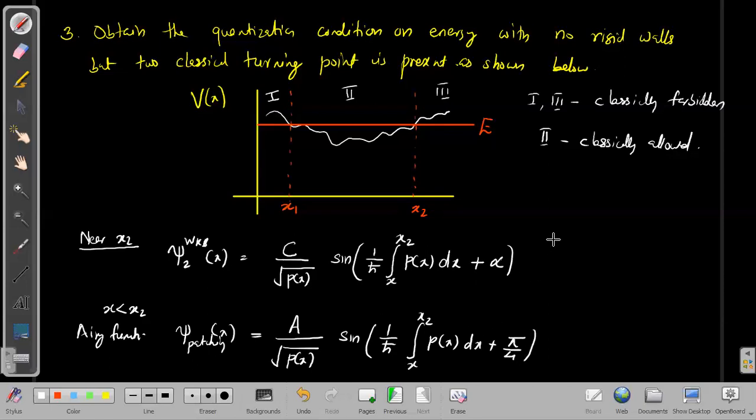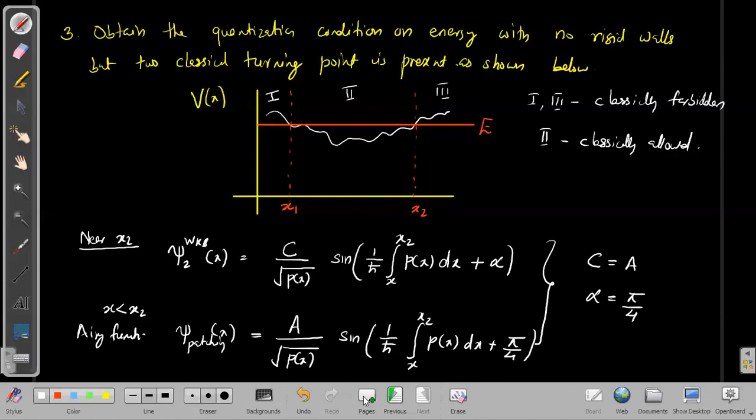Now by comparing these two, I can identify that C must be equal to A and alpha must be equal to pi by 4.